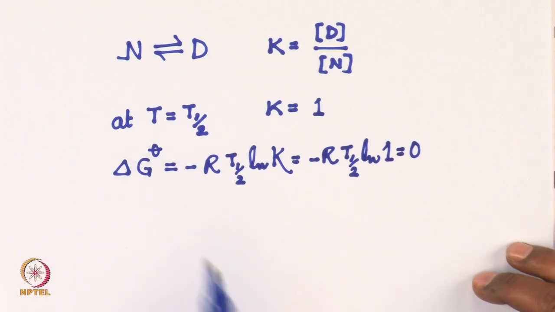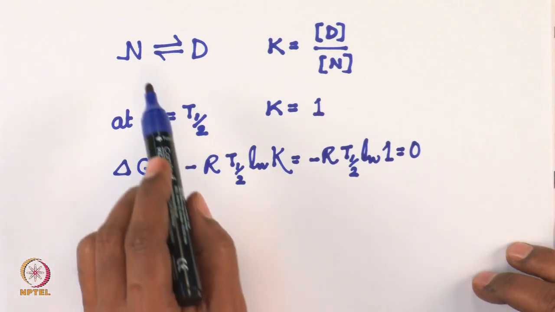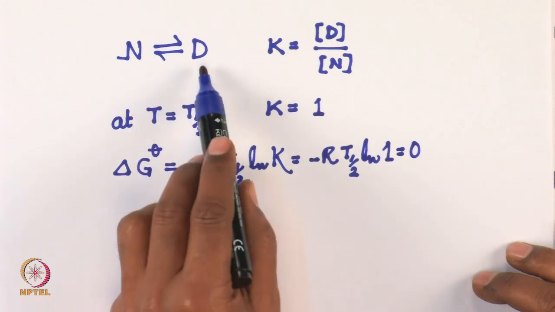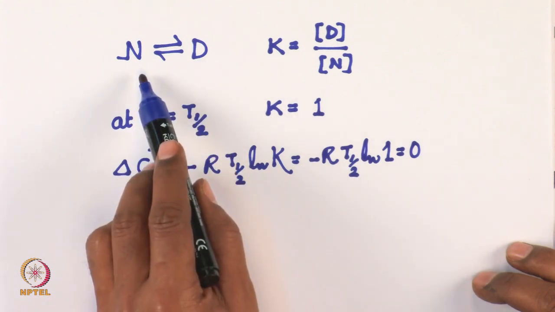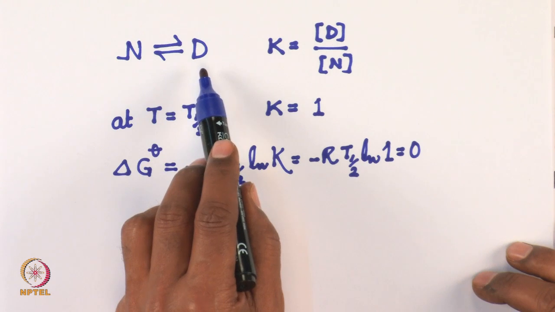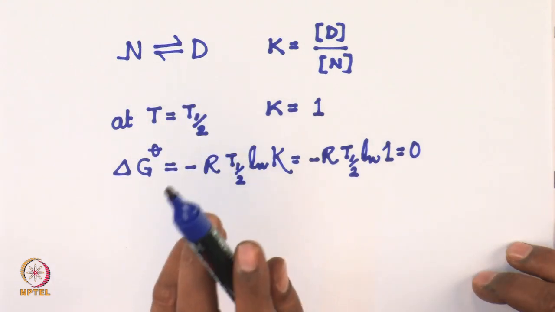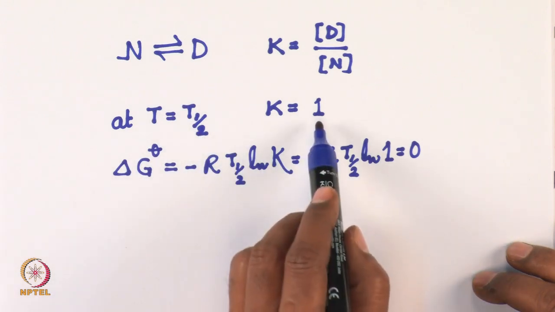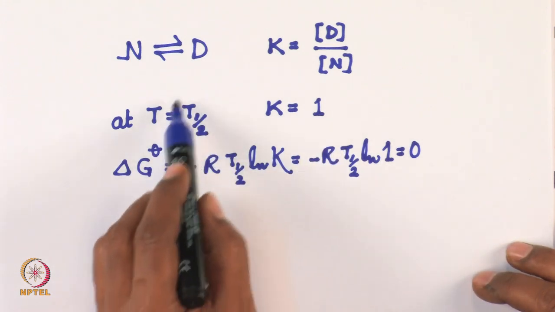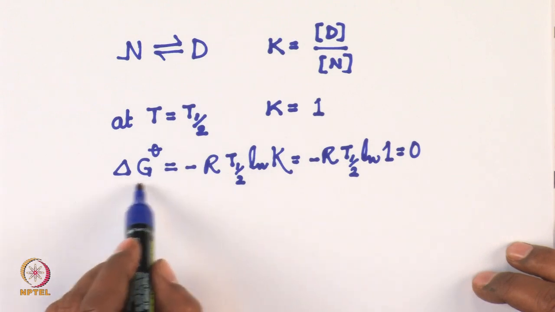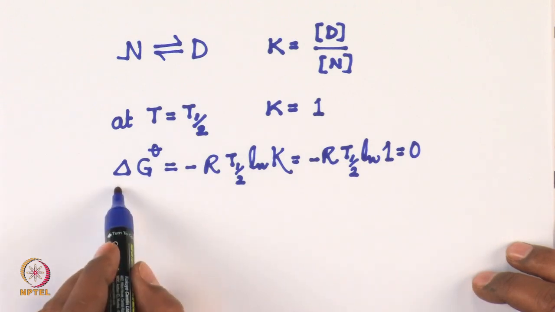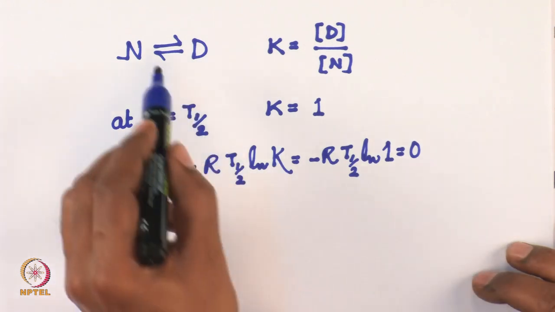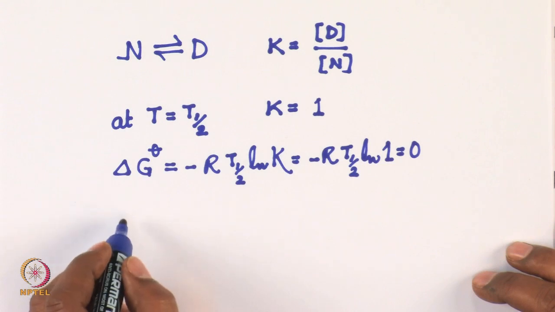We must keep in mind that when the transition is two state, meaning either the native state is populated or the denatured state is significantly populated and there are no intermediate states, and the reaction is half complete, K is equal to 1. That means at the transition temperature the standard reaction Gibbs energy change is 0, but only for a two state process.